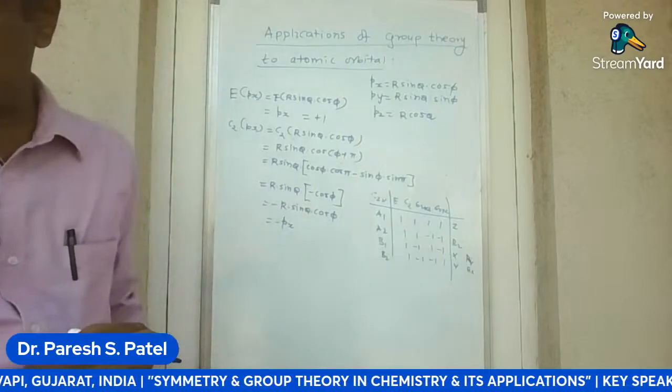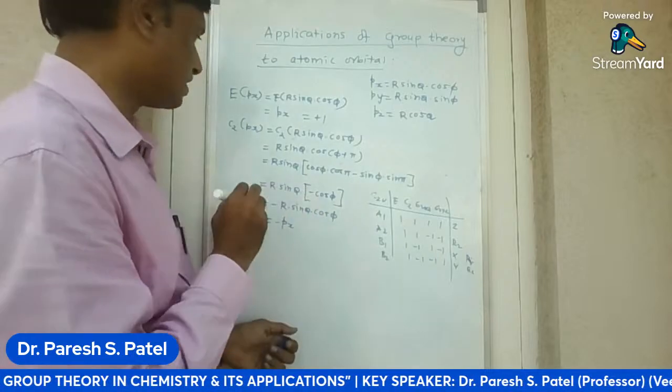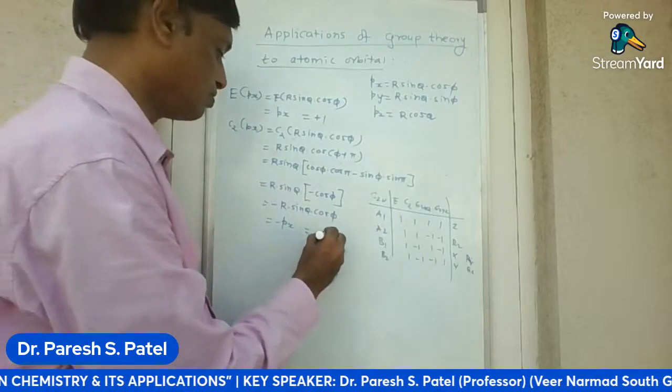So Px becomes minus Px. It means the character is equal to minus 1.